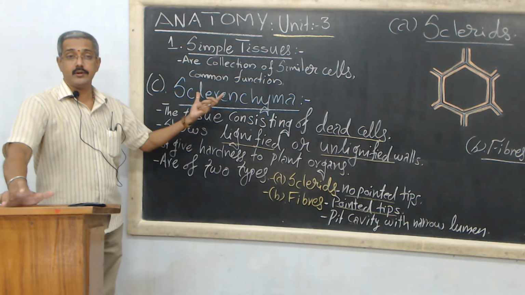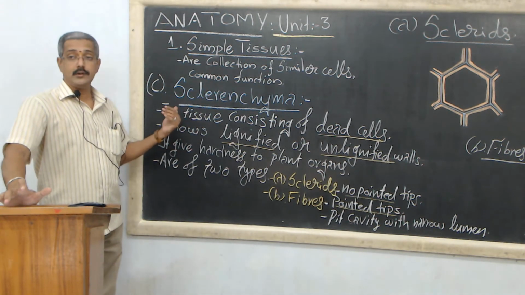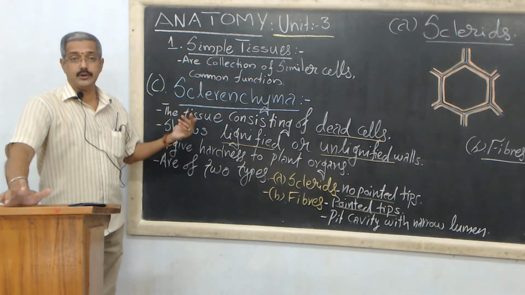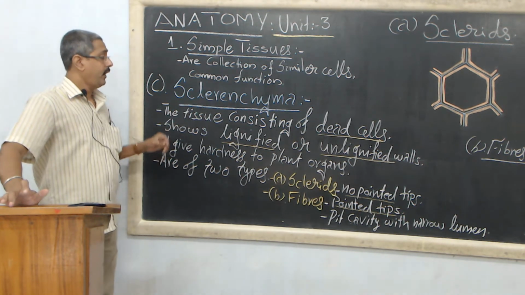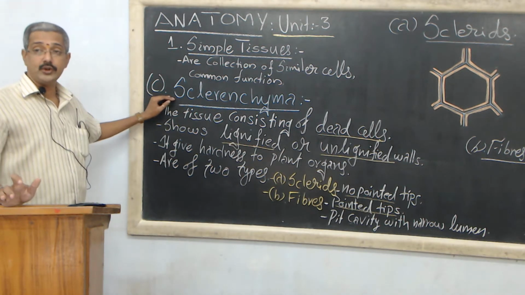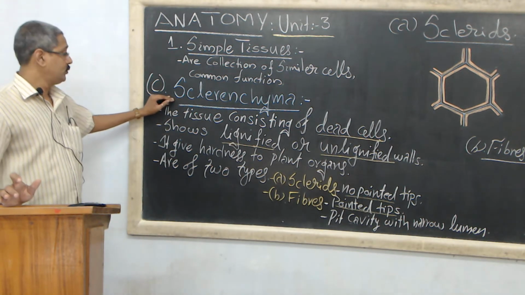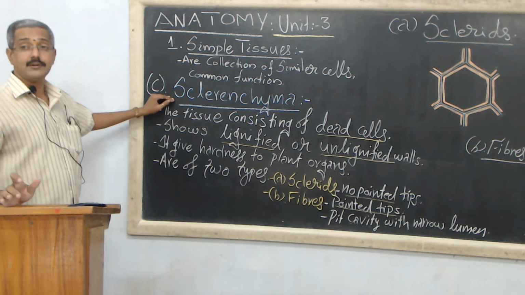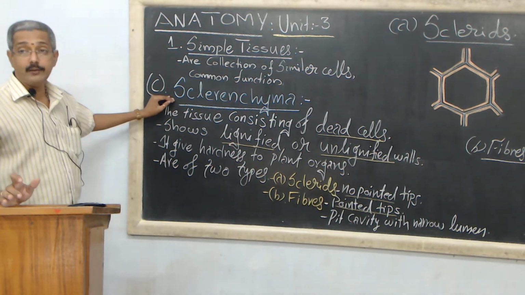According to the function, the fundamental tissue is de-differentiated, and here we can see the third type of simple tissue, which is termed sclerenchyma.